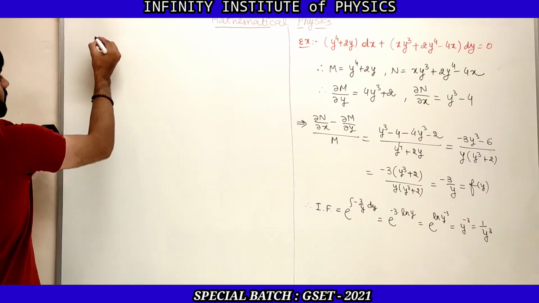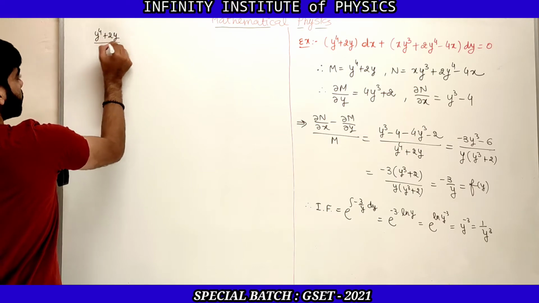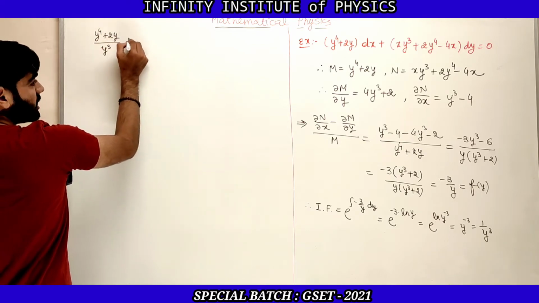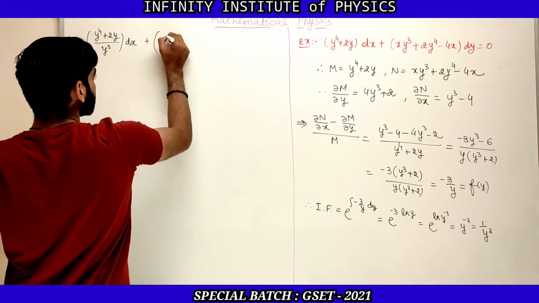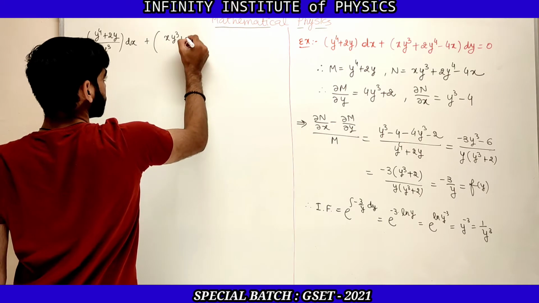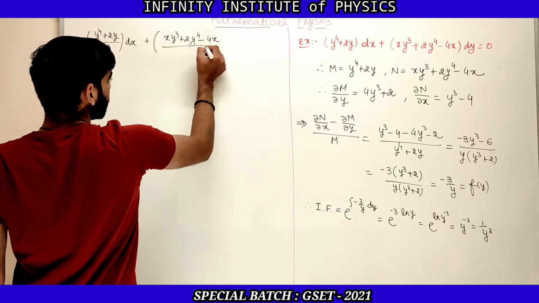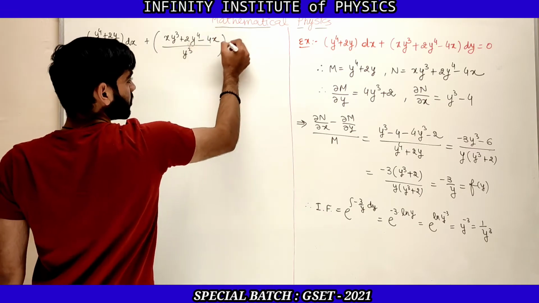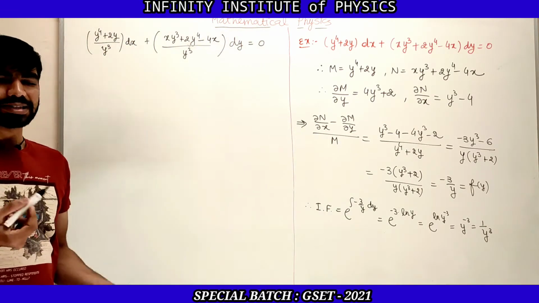So that will be y raised to 4 plus 2y by y cube dx plus xy cube plus 2y raised to 4 minus 4x upon y cube dy, which is equal to 0, because 0 by y cube will be 0.